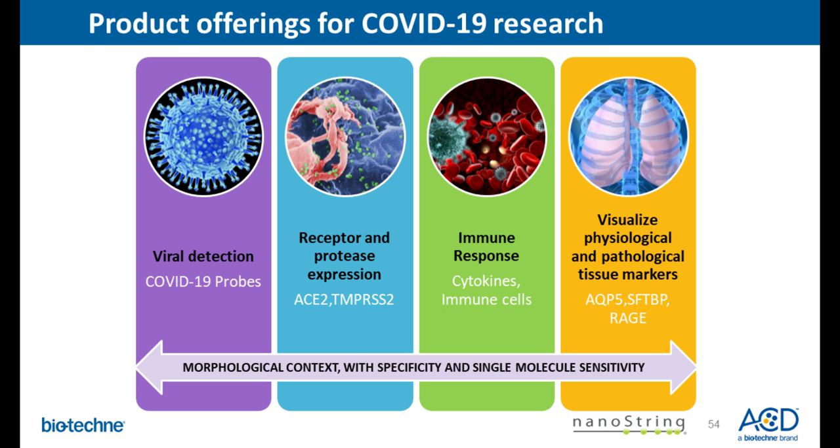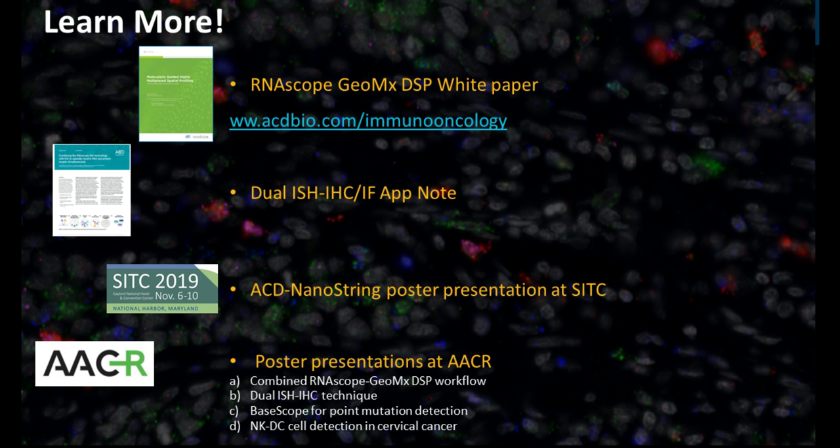And we are trying to contribute to this by having probes for COVID-19 that would specifically identify this virus, and also have probes that would identify the host cell receptors, chemokines, cytokines, immune cells, and finally, pathological and physiological markers to study tissue homeostasis. To learn more, do not hesitate to reach out to our support.